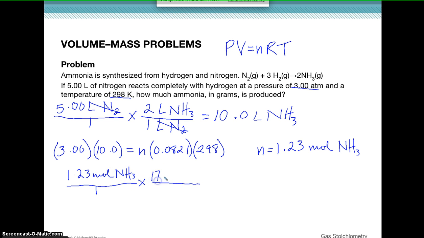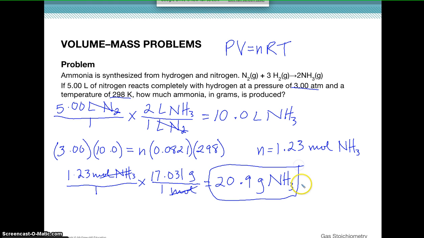That would give us 17.031 grams of ammonia per mole. So our moles cancel, we multiply, we keep 3 sig figs, and we would get 20.9 grams of NH3 from that reaction at that temperature and pressure.